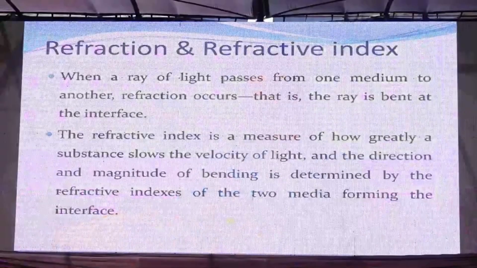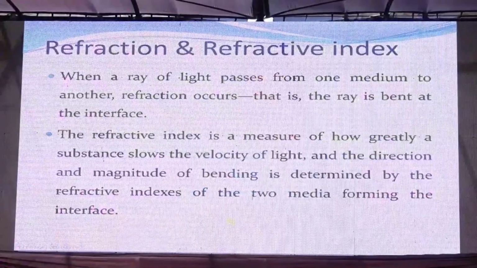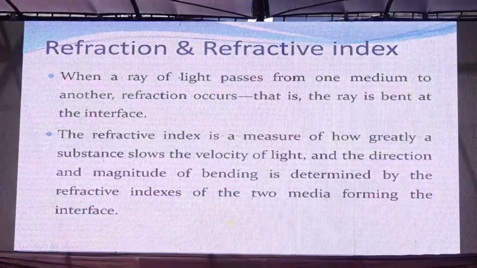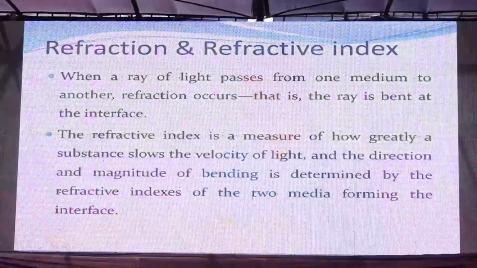And when this light passes, it all depends on the medium through which it passes. Refraction and refractive index play an important role. I think in your +1, +2 classes you have studied this phenomenon, where when light enters a medium, it either bends towards or away from the normal depending upon the density.